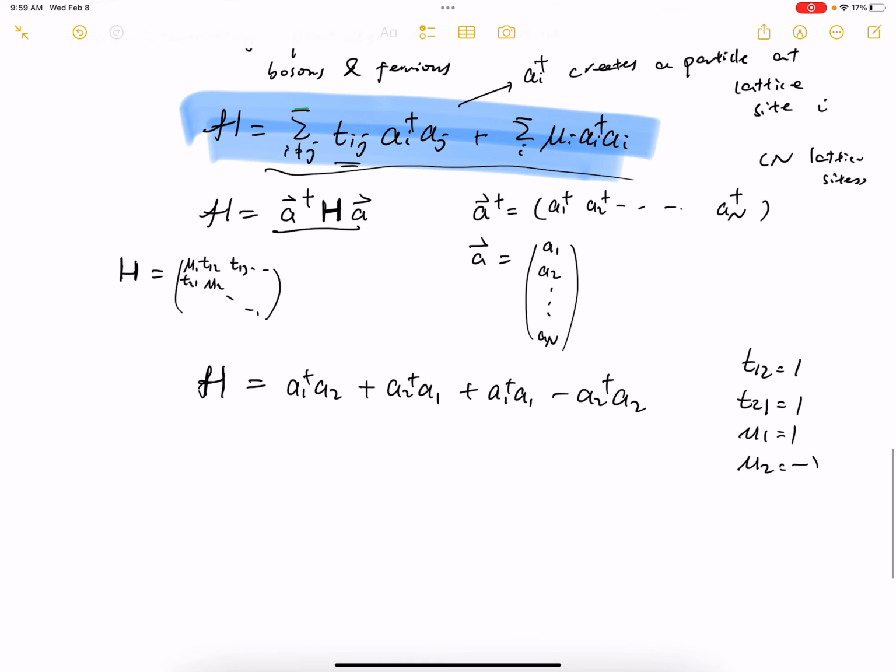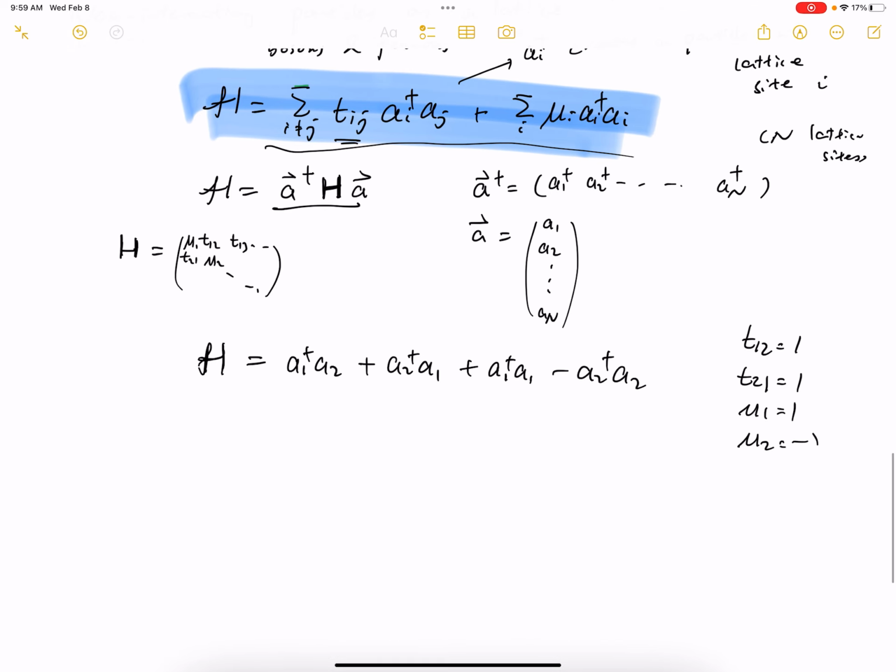Okay, so now let's see whether we can write this in the more compact form. I'm going to define my A dagger as just A1 dagger and A2 dagger, and my A as A1 and A2. And then I have a Hamiltonian matrix, the bold H here, that is given by this particular matrix: 1, 1, 1, minus 1, right? Because I'm basically writing the T's here, and the mu's on the diagonal.